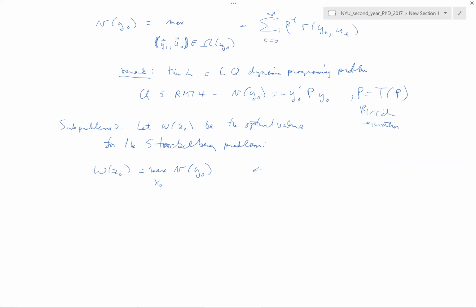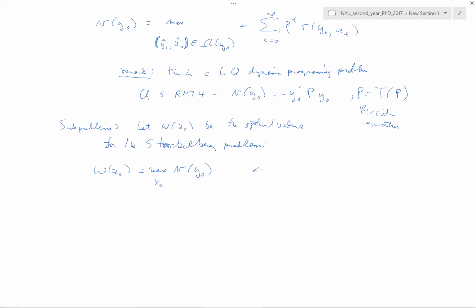And then we got what the value function would be, V of Y0, for all possible values of X0. And then we're having the government choose the X0.